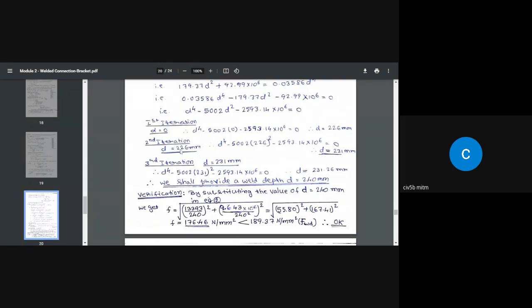So again, go back to this equation. Now instead of substituting d equal to 0, substitute the first approximation, which is 226 millimeter, in this equation. So the next iteration value is d equal to 231 millimeter.